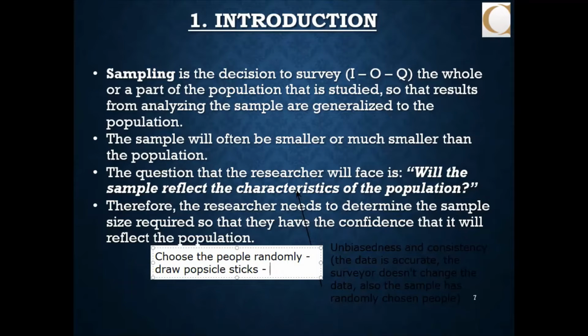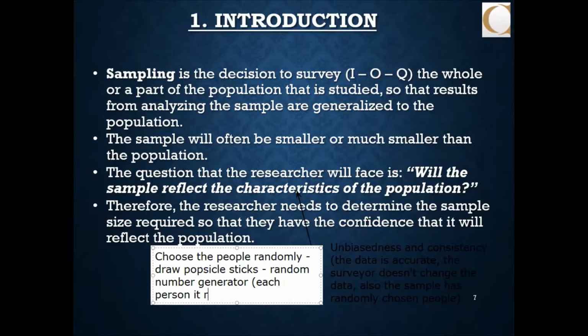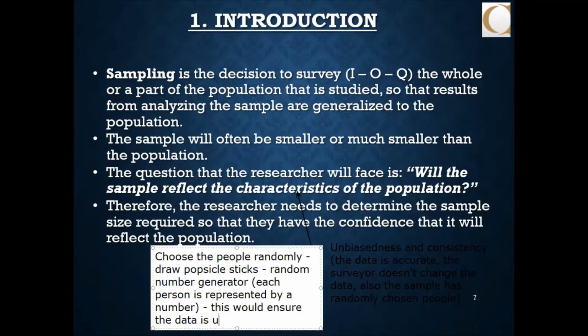That's possible. We could use a random number generator. Each person is represented by a number. This would ensure the data is unbiased.